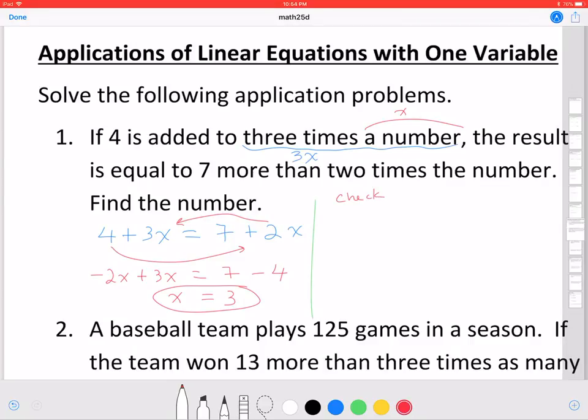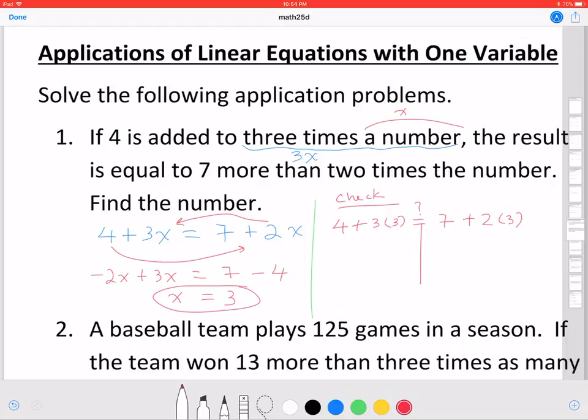Is it correct that when the number given in the problem is equal to 3, that will satisfy this? So 4 plus 3 times a number, which is 3, and is that equal to, question mark, 7 more than 2 times that number?